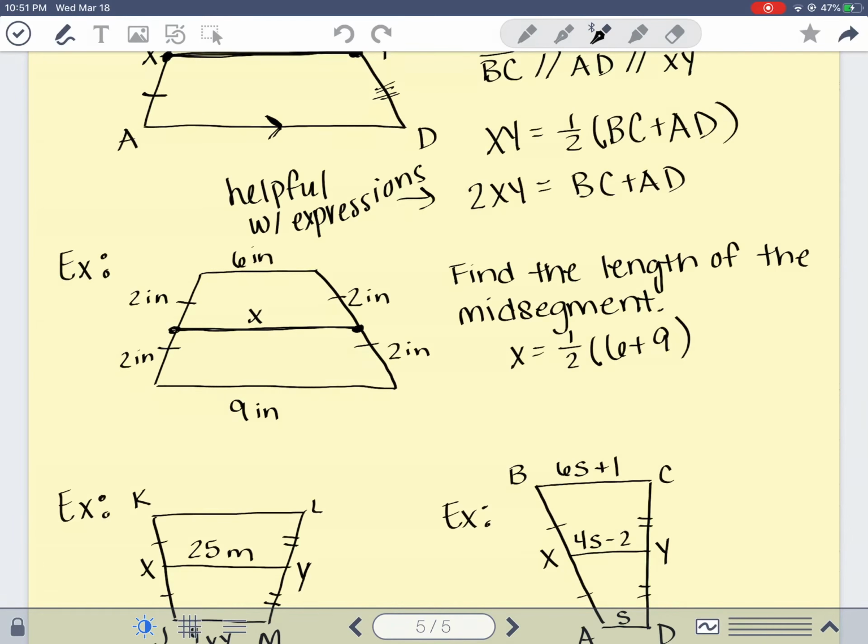So 6 plus 9 gives us 15. So x is equal to 1/2 of 15, and half of 15 is going to be 7.5. So 7.5 inches is going to be the length of that mid-segment.